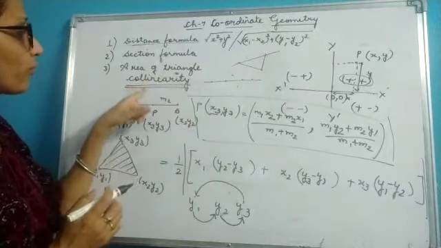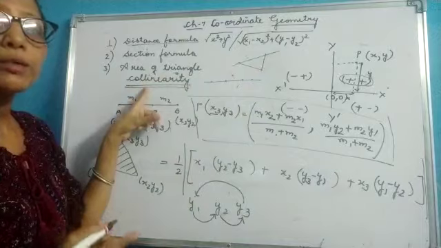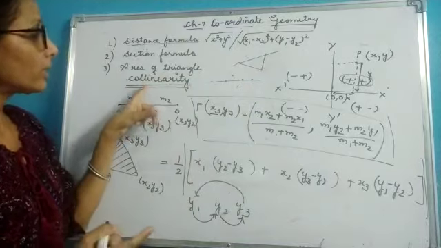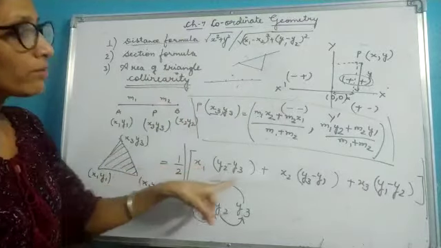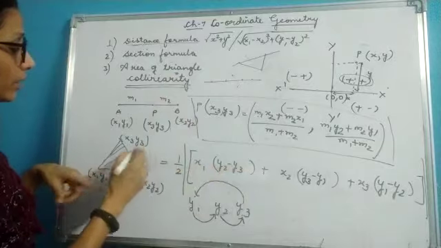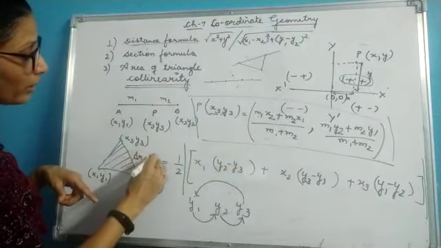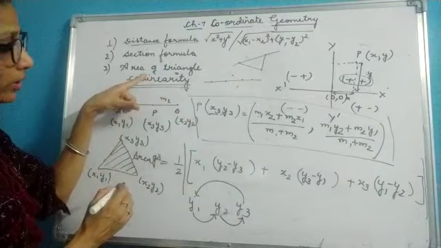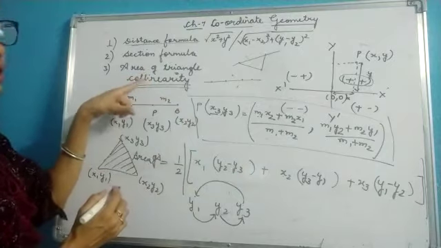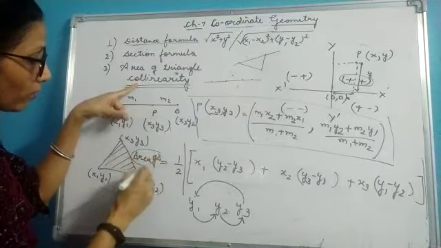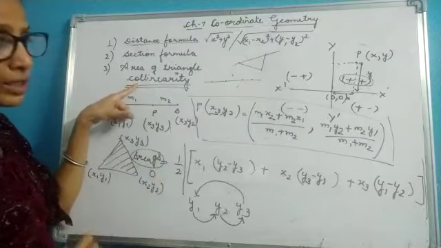If you want to prove whether the points are collinear or not, then you will be writing all the values over here. But since triangle is not formed in collinear points, in place of area of triangle, you will be writing it as 0.